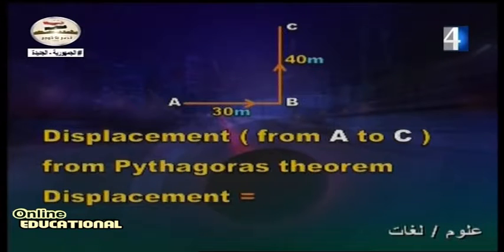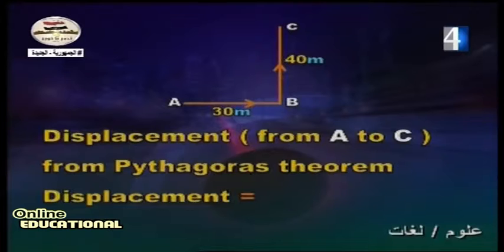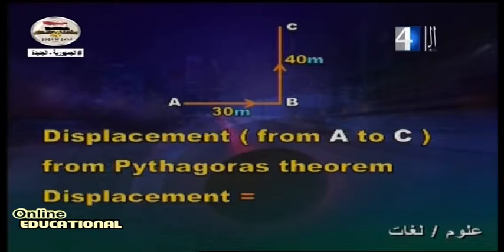But when you answer the displacement from A to C, you will use the Pythagorean theorem. You can find AC, the displacement, because displacement is the shortest straight line from the start to the end point. Again, displacement, as we know, is the shortest straight line from start to end point. From A to C, we can find the displacement of the object.